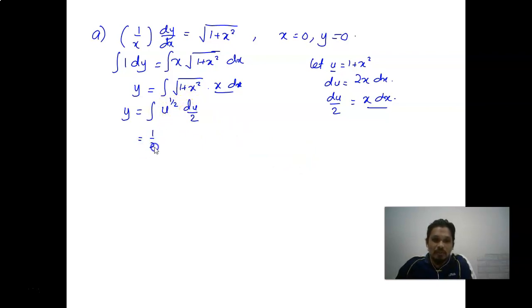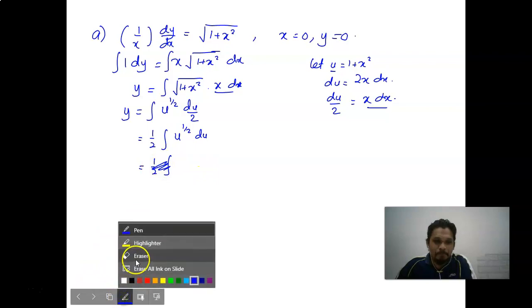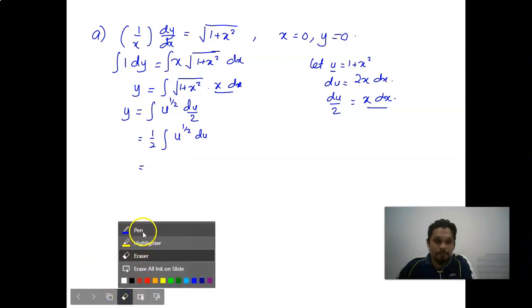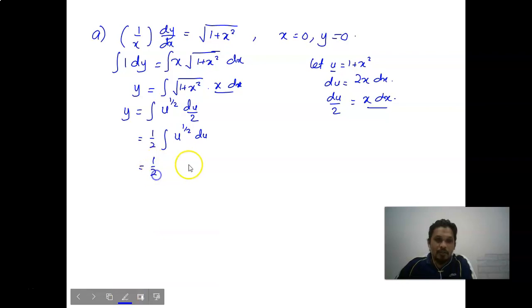It is 1 over 2 integral of u to the power of 1 over 2 du.